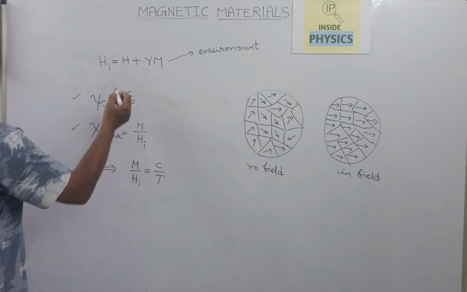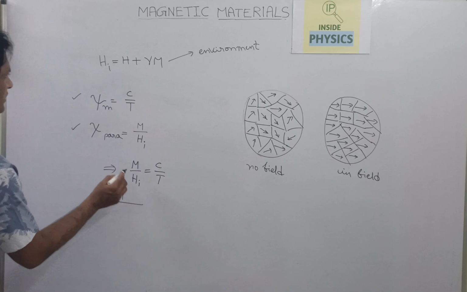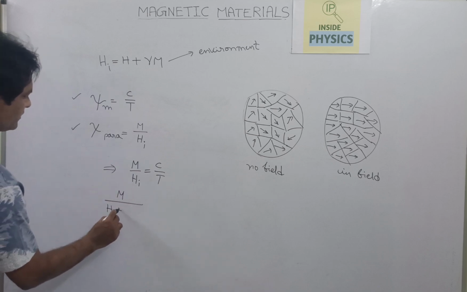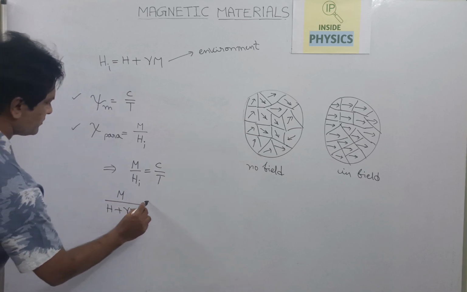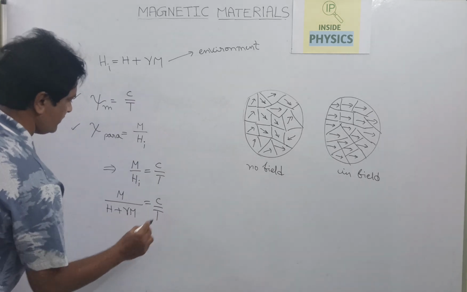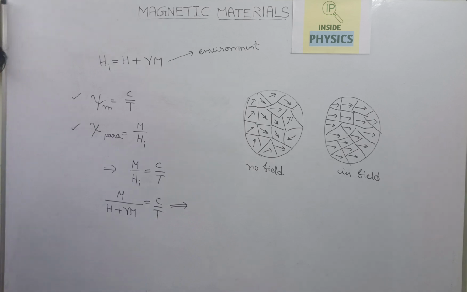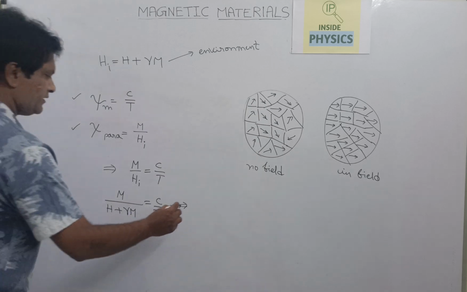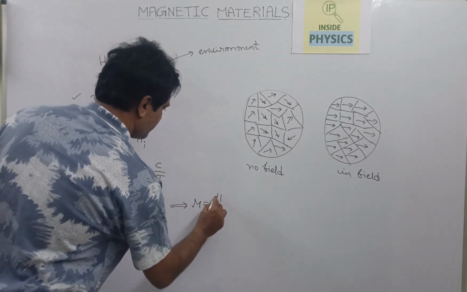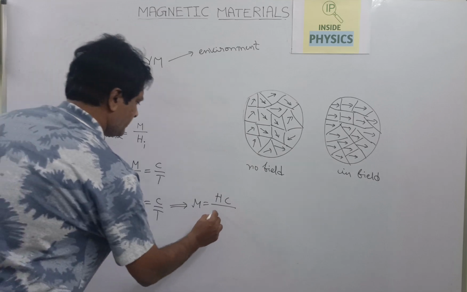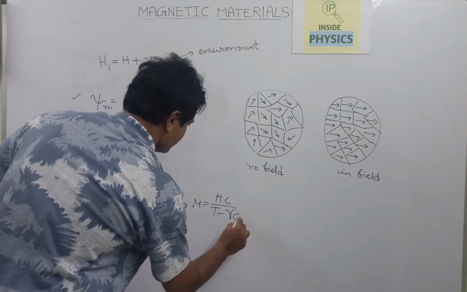Here, what is Hi? We can write M by Hi, that is M by (H plus gamma M), is equal to C by T. If we rearrange the terms, we can find the magnetization. Magnetization is given by HC by (T minus gamma C).